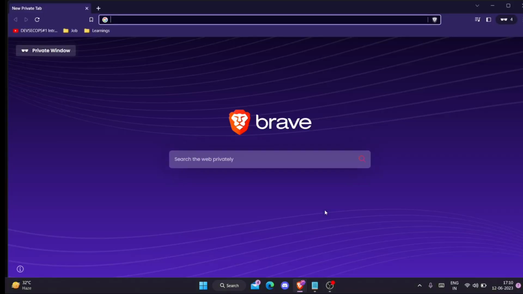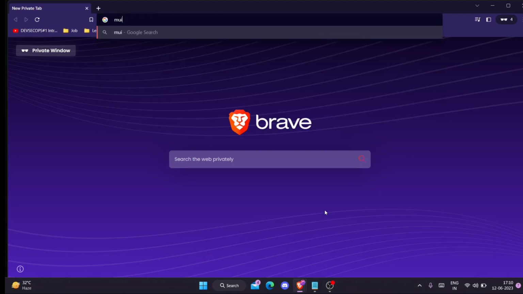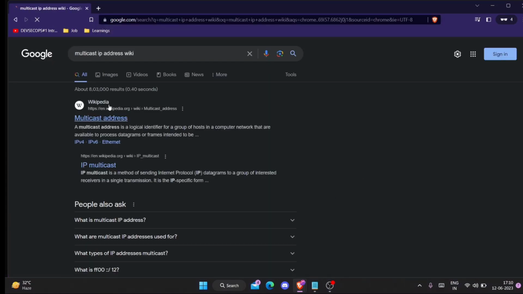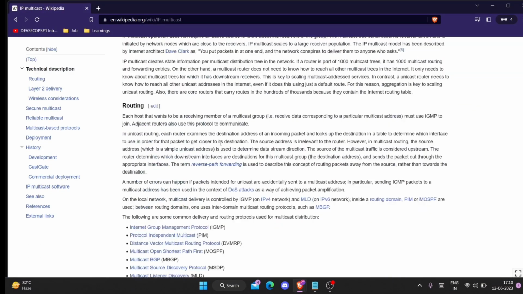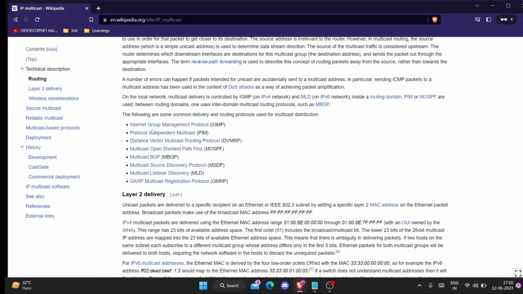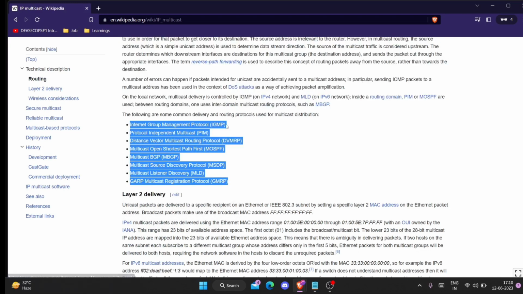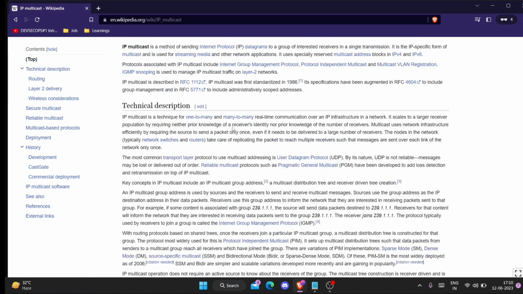Now I will just search on the internet about multicast IP address, and I will search on Wikipedia, and you can see here. So I have searched for multicast IP address, and you can see here these are the protocols used for multicasting, and there are lots of things to learn about this class actually, but we are not going to dive deep into this because for now it is not required.